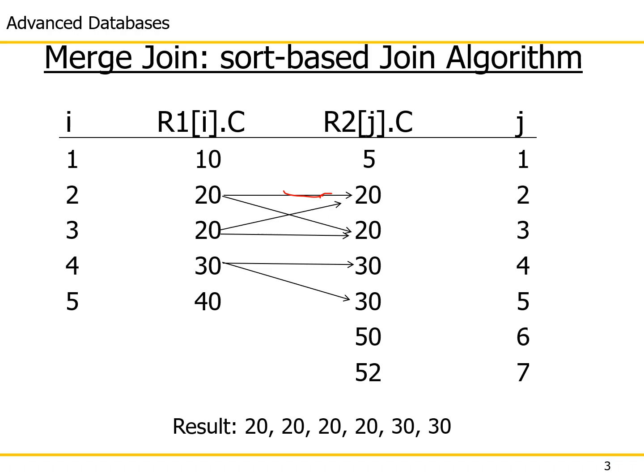The assumption here is that the two columns are sorted from smallest to largest.